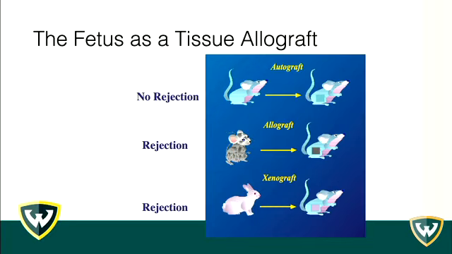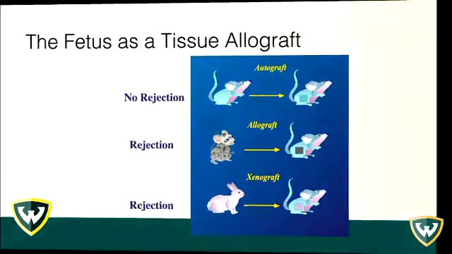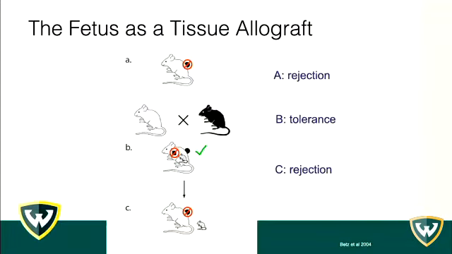Pregnancy, as I mentioned before, has been considered in the middle, a semi-allograft. And in principle, it should be rejected. So what we have been trying to understand is why, since this is an allograft or semi-allograft, it is not rejected. One of the early experiments in this area was done many years ago using animals. They took, let's say, a white mouse and transplanted a piece of skin from a black mouse into the white mouse.